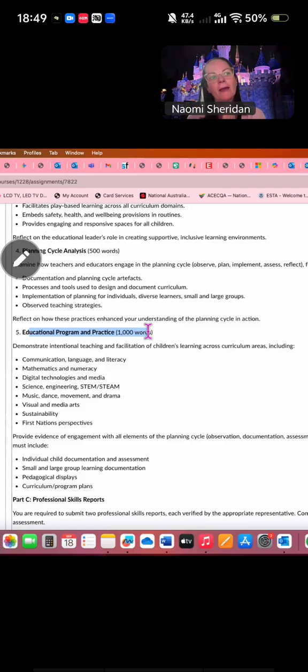It might be a diagram. Oh, like taking a screenshot of the things we did in our centre? We might be able to, but I'll clarify that. I'll clarify what that can look like for you so we get some evidence around what we can put in for the 1,000 words. Okay, because in my centre, what we expect for our program is that they need certain things, but actually for ICON it's something different.